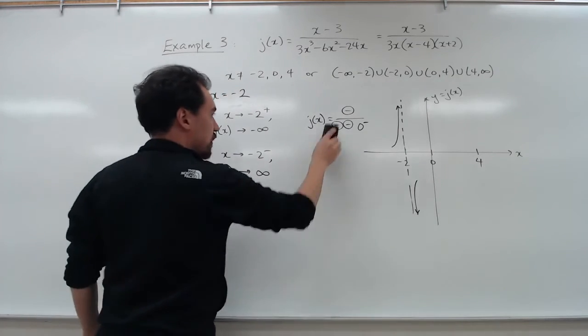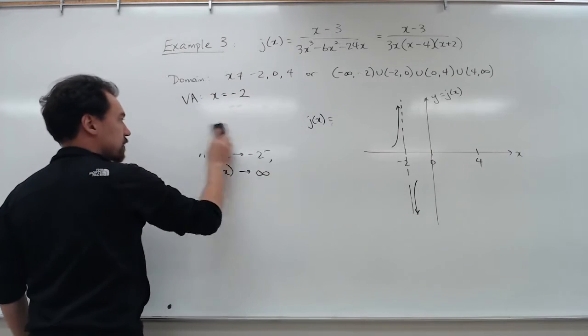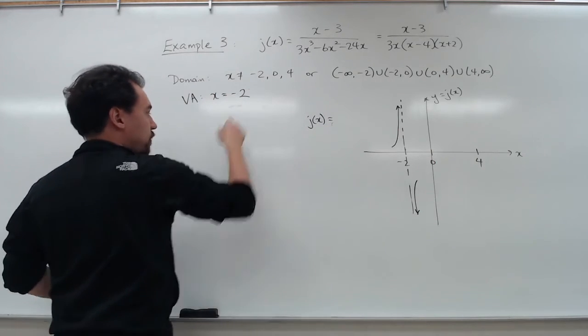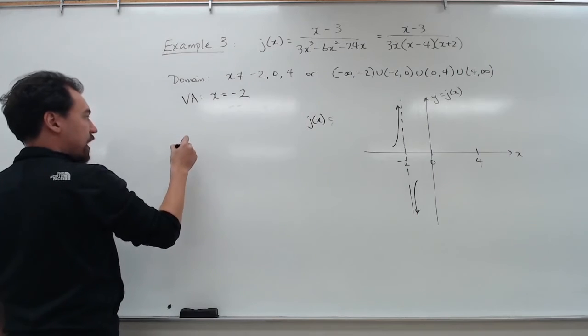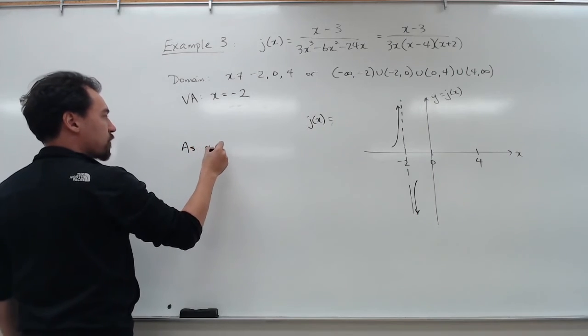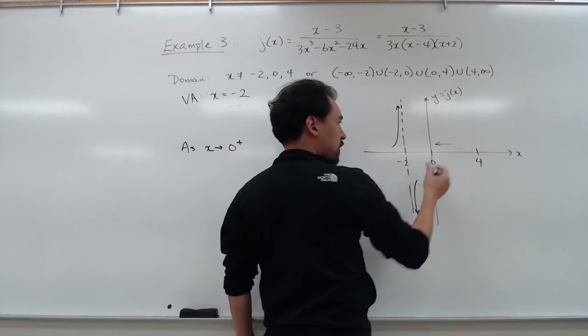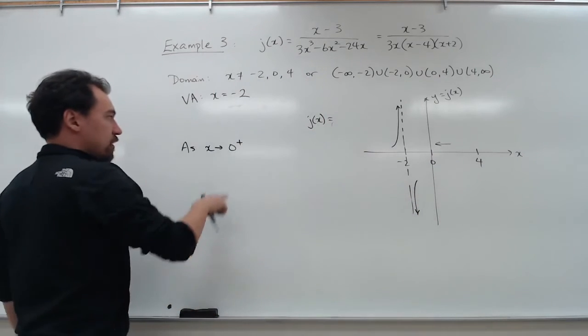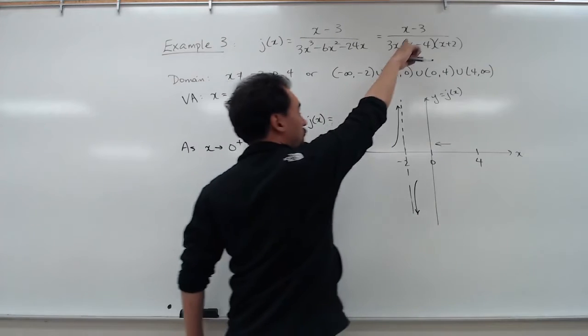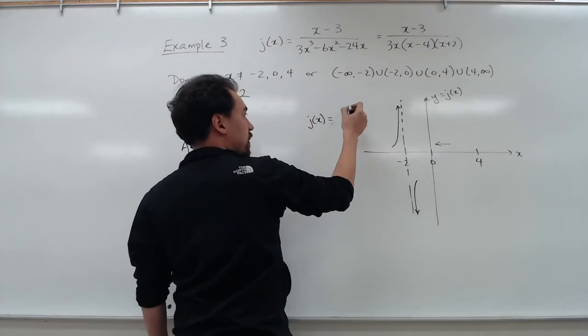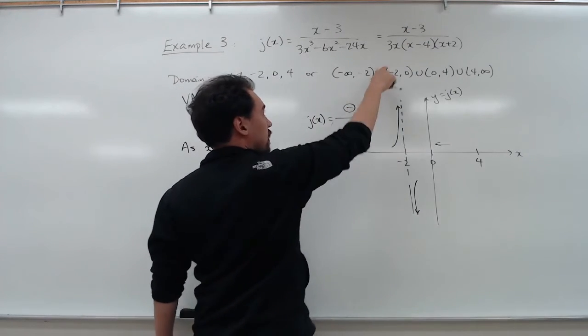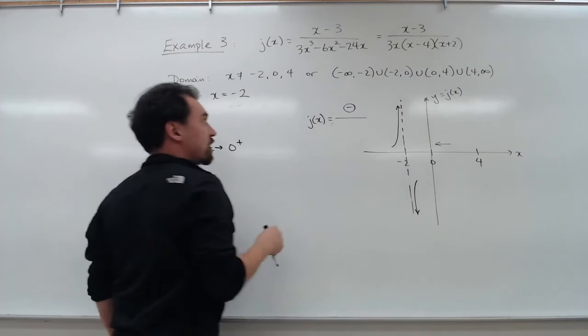Vertical asymptote, x equals -2. Now, let's do this with the next place we're not allowed to be. So we'll say, as x approaches 0 from the positive side, that means we're approaching this from the right. So when I plug something close to 0 in, close to 0 minus 3 is close to negative 3. This time, this is the interesting one.